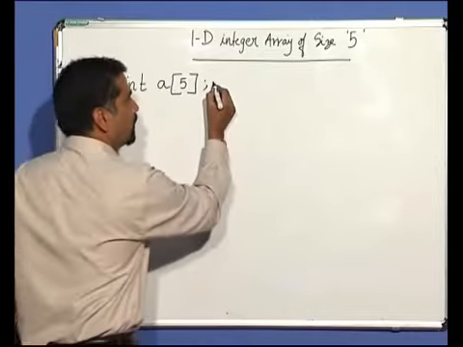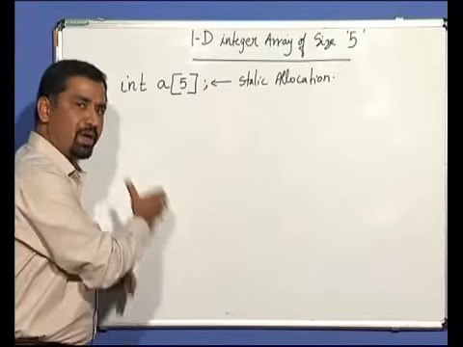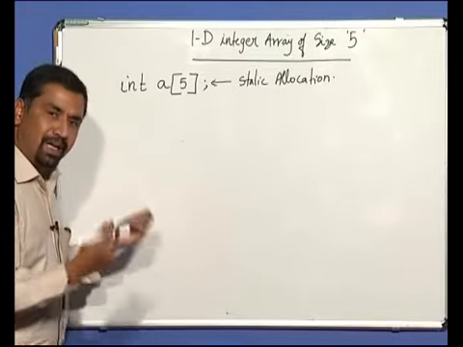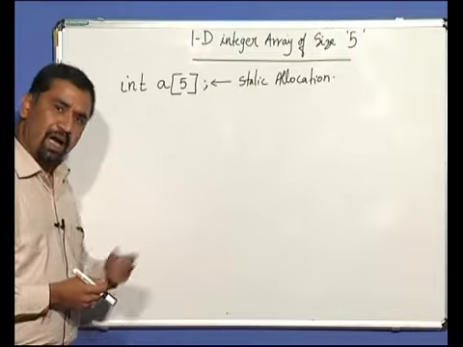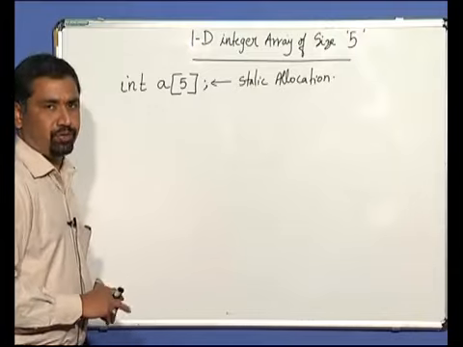This is static allocation. Now I will use a very simple C program, actual complete C code, wherein we will be able to allocate a dynamic array, read values into it and simply print back the values.